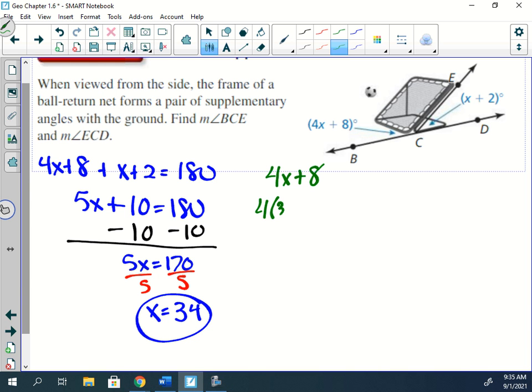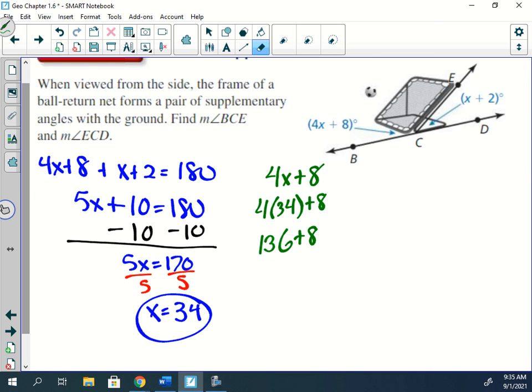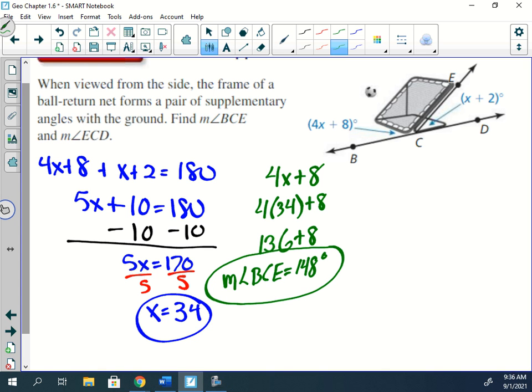So 4 times 34 plus 8. 6, carry the 1, 12, 13. 144 degrees is going to be the measure of angle BCE. And again, we could have typed it in as 4 times 34 plus 8 and gotten our answer.